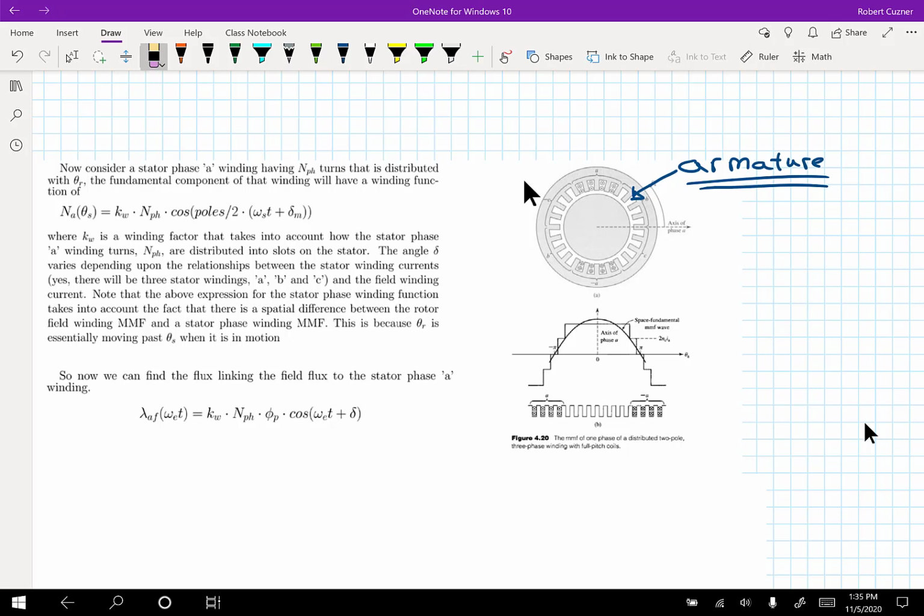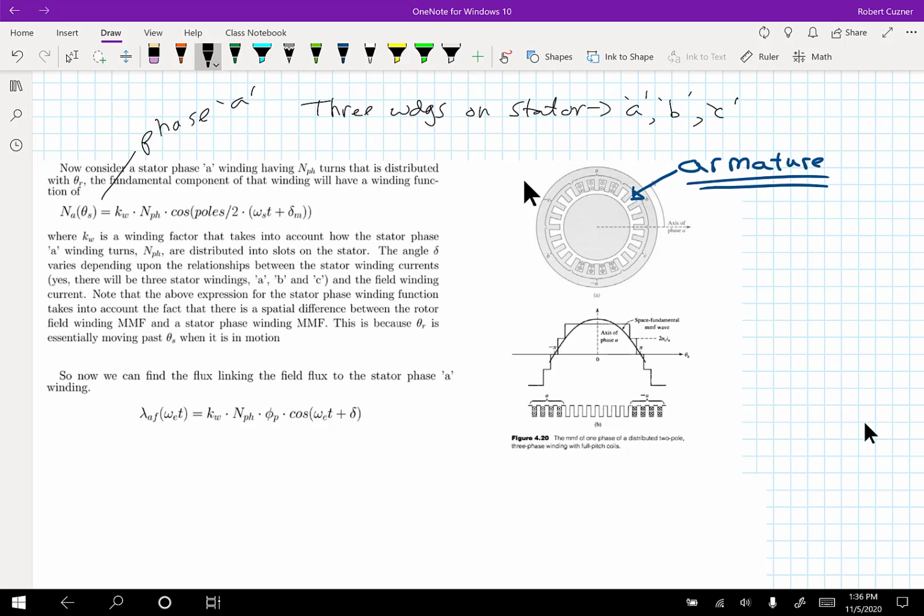However, if we do have, just consider one winding, and I'm going to call it a phase A winding. And you probably already figured out that we are going to have 3 windings on the stator, an A, a B, and a C winding.